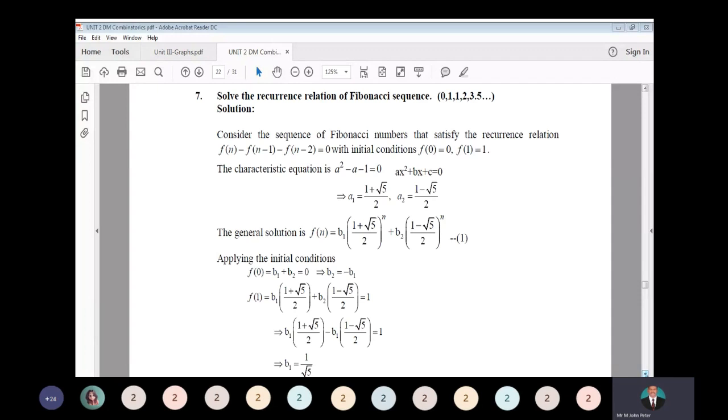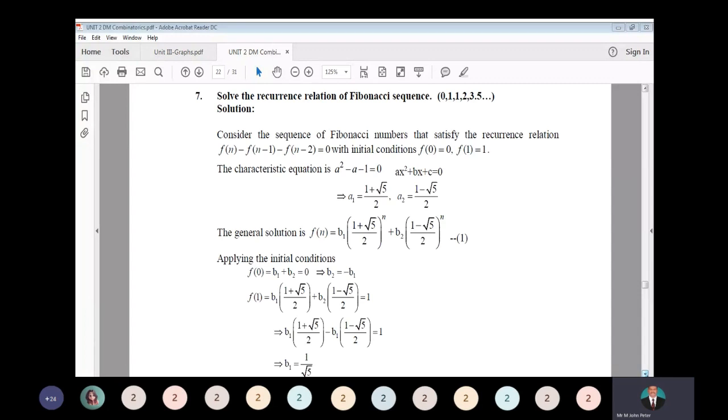So it is a second order equation, that is a square minus a minus 1 equal to 0. That is compared with the quadratic equation ax square plus bx plus c equal to 0. So that means x equal to minus b plus or minus root of b square minus 4ac divided by 2a. Using that formula you will get two roots, a1 is equal to (1 plus root 5) by 2, and a2 is equal to (1 minus root 5) by 2.